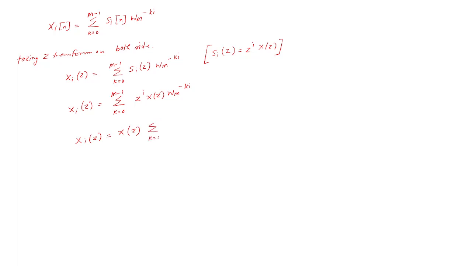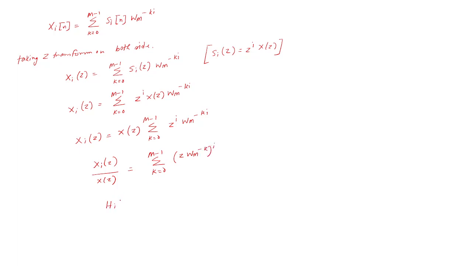If we bring it here, X_i of z over X of z becomes the sum over k from 0 to m minus 1 of z omega_m to the power minus k, all to the power i.